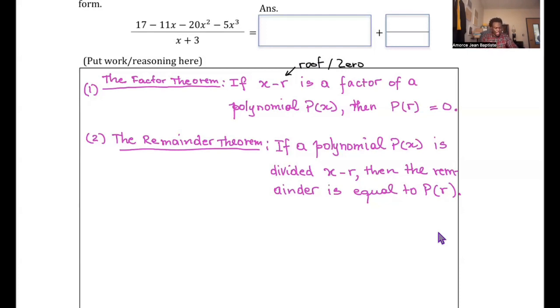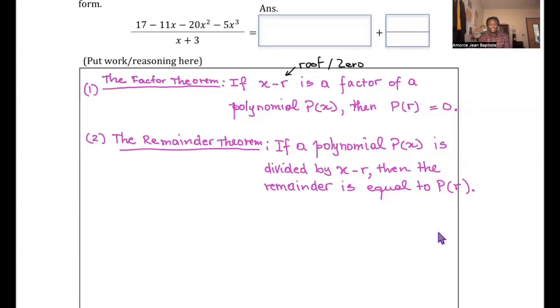And the second theorem is the remainder theorem. It says if a polynomial p of x is divided by the binomial x minus r, then the remainder of this division is equal to p of r.